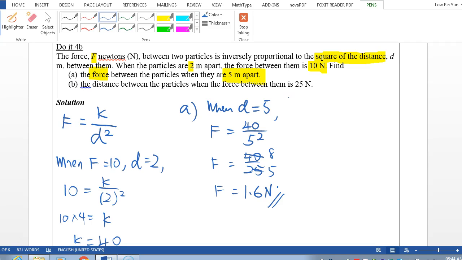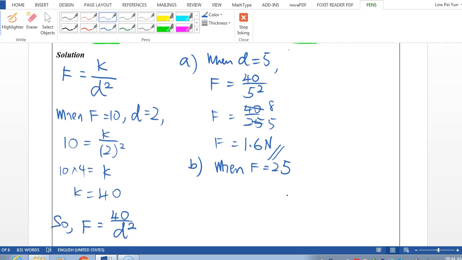Okay, now we are looking for, in part B, find the distance when the force between them is 25 newtons. So we are going to know that when my F is 25, we need to find d.